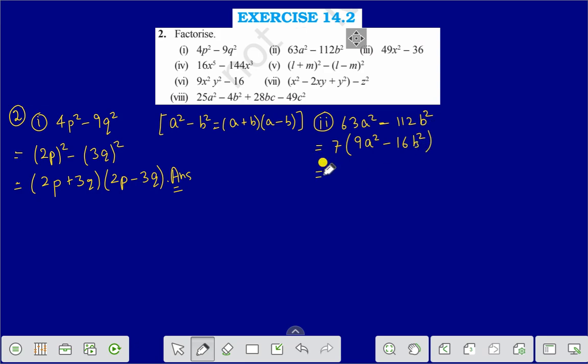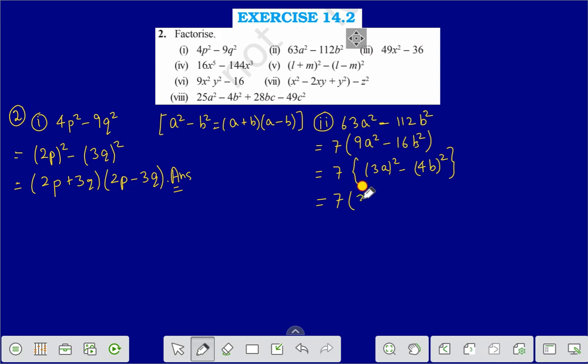Or you can write it as 7 times, in the second bracket, (3a) whole square minus (4b) whole square. We again use the identity a square minus b square equal to a plus b into a minus b.